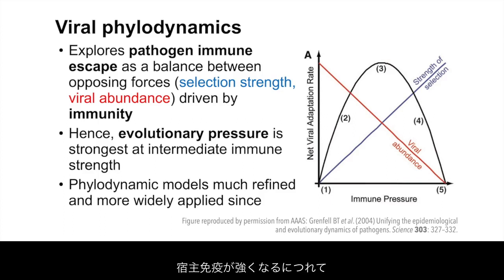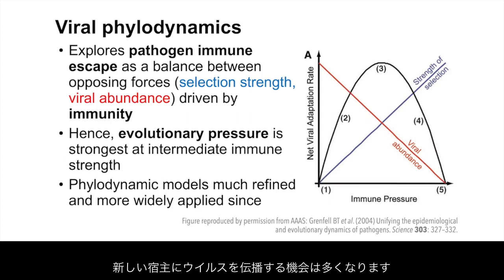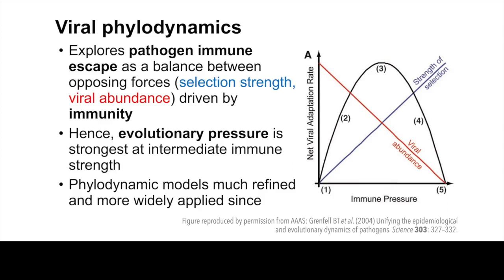On one hand, selection for new variants increases as host immunity strengthens. On the other hand, viral abundance in hosts, and hence transmission to new hosts, declines with the strength of immunity. The more offspring a parent virus produces, the more opportunities for onward transmission of the virus to new hosts.